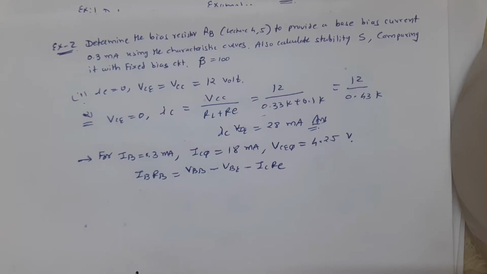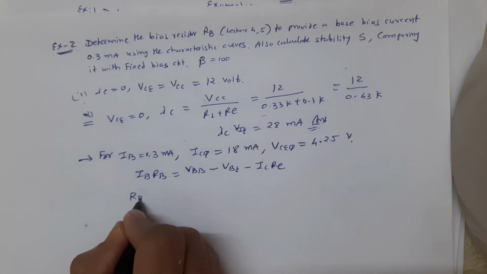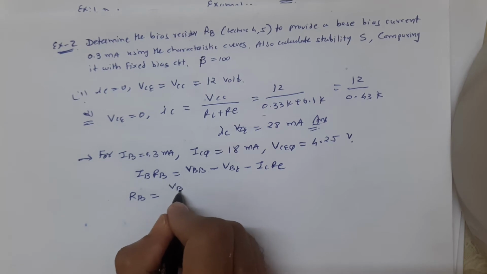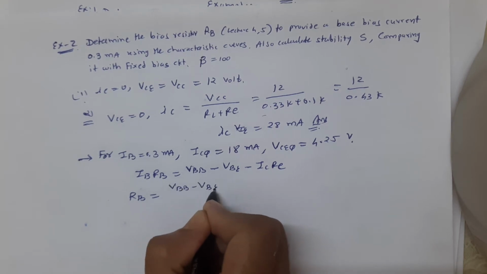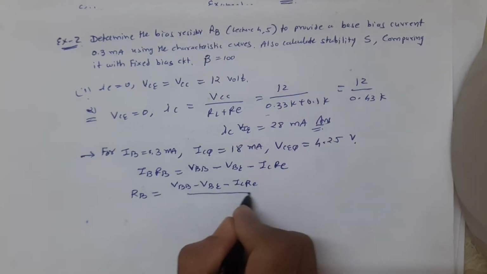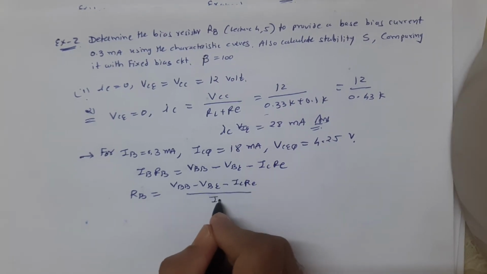Now here we assume that it is a germanium transistor, therefore RB is equal to (VBB minus VBE minus ICRE) upon IB.